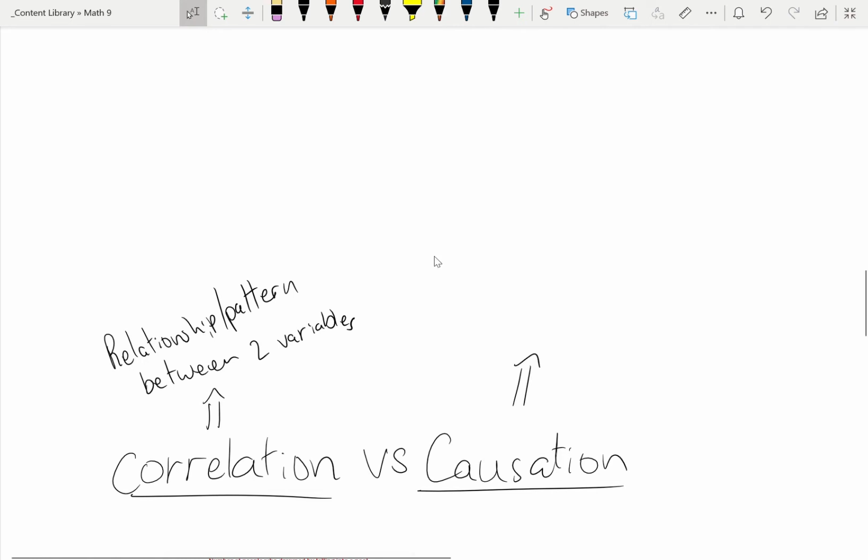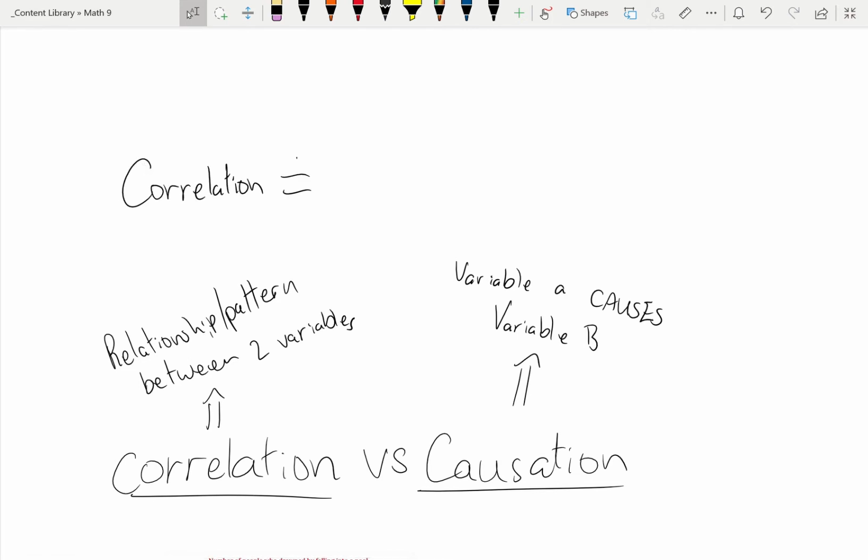Causation is the idea that variable A causes variable B.